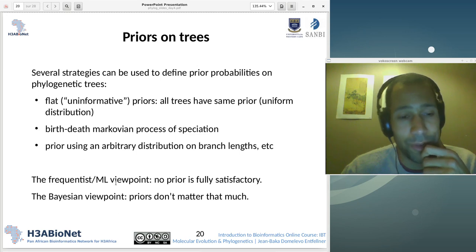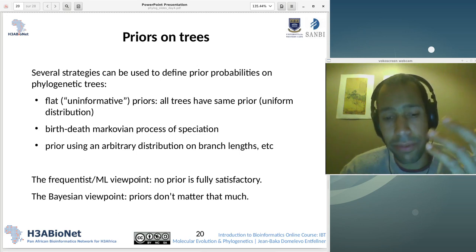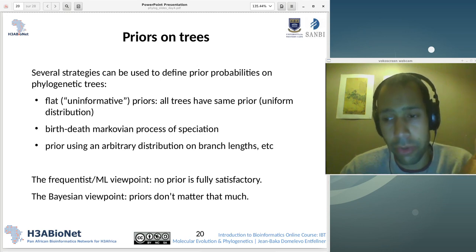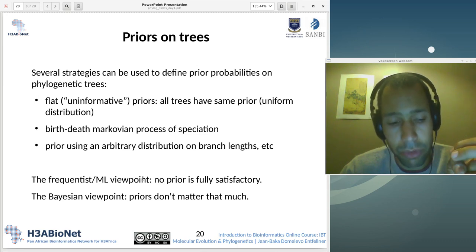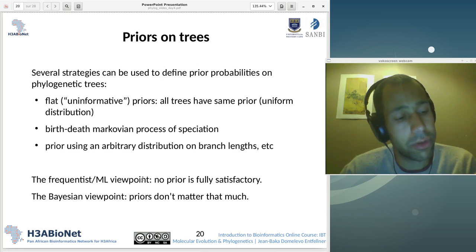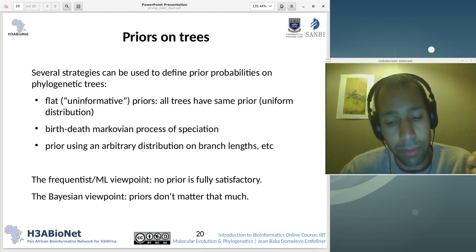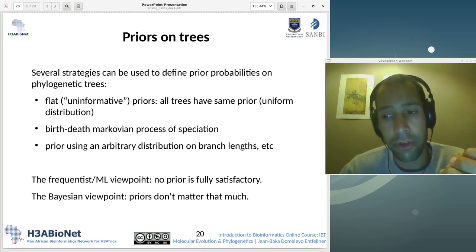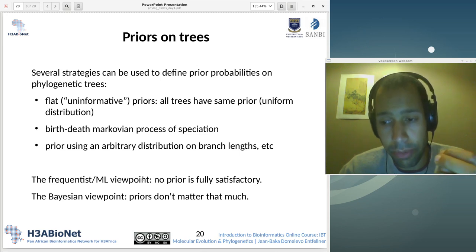And on the other hand, the Bayesian viewpoint is that these priors don't matter much. You can select one type of prior or another one. Ultimately, it won't really modify the topology and the model, the whole phylogenetic tree that maximizes the posterior probability.